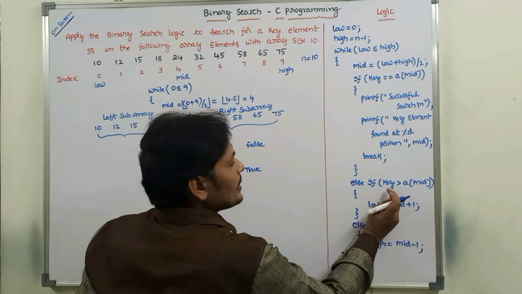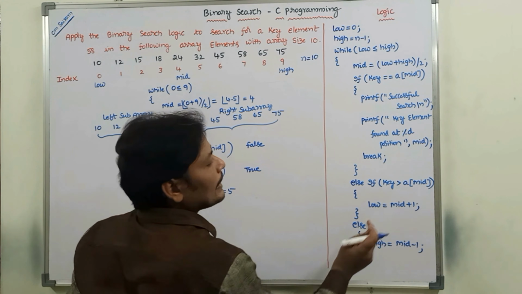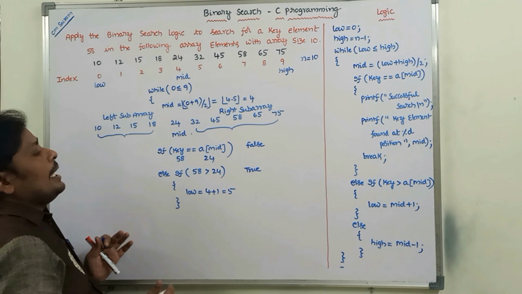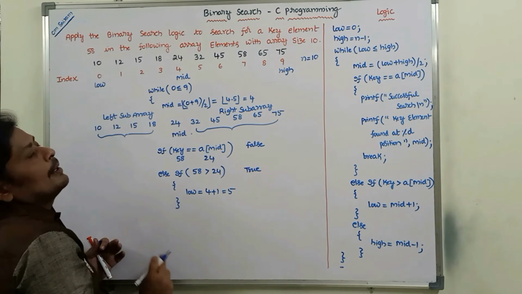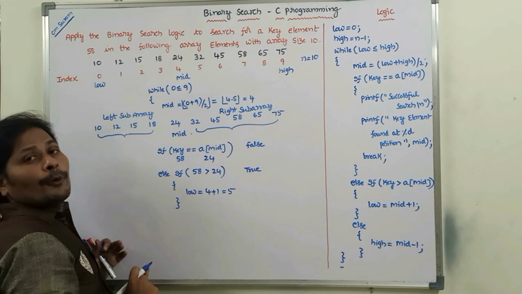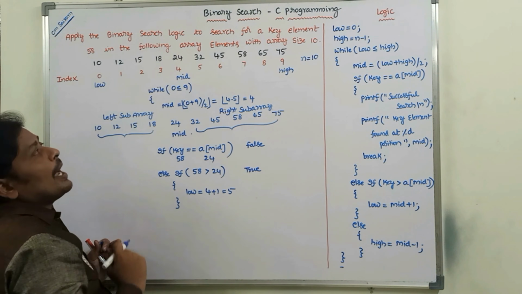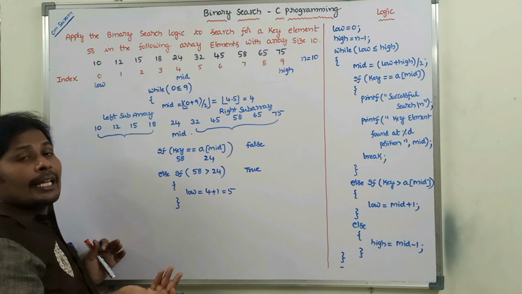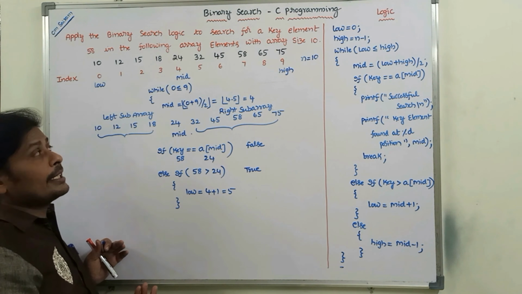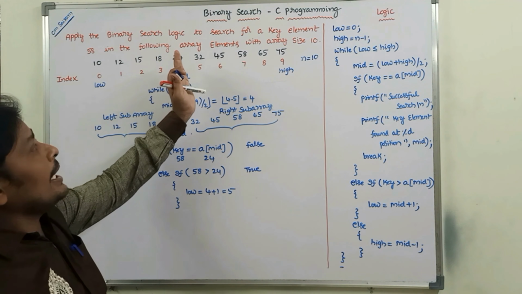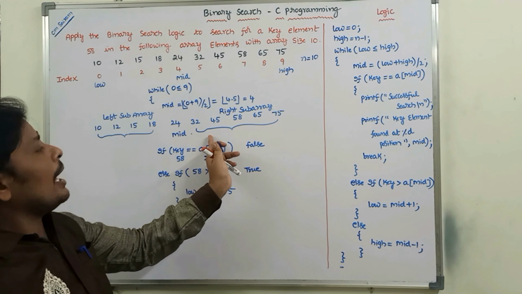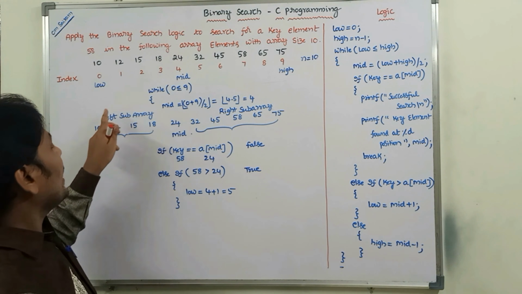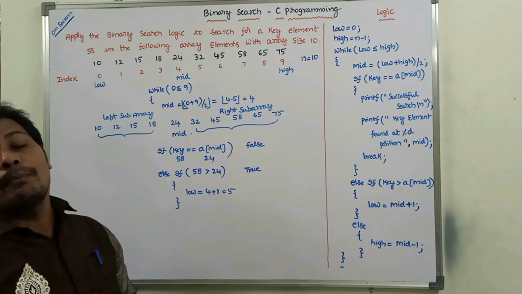That means if key value is greater than a of mid value, our key element is 58, mid element is 24. 58 is compared with 24, so 58 is greater than 24. At that time, our key element is present in the right sub array. Hence, we are ignoring the left sub array.